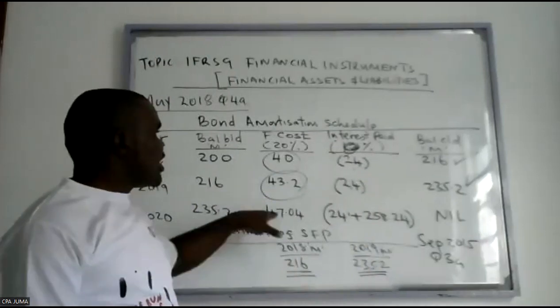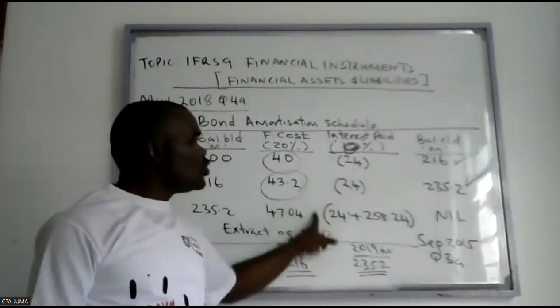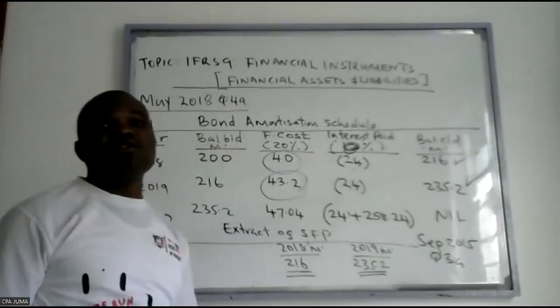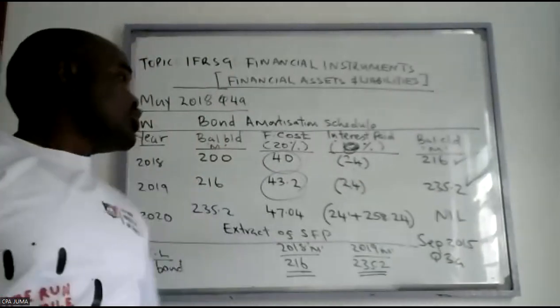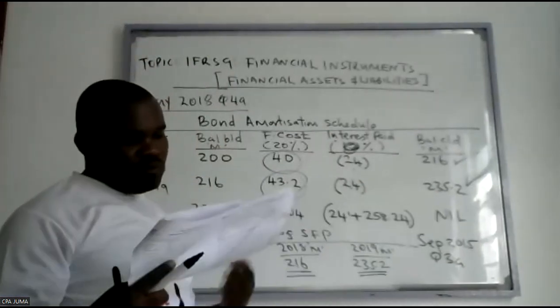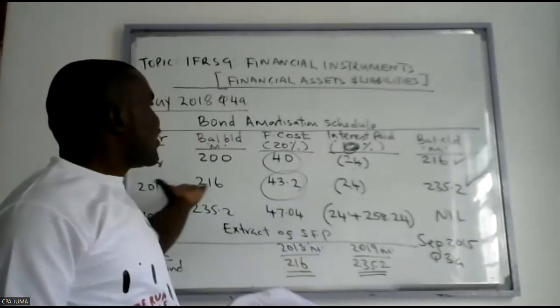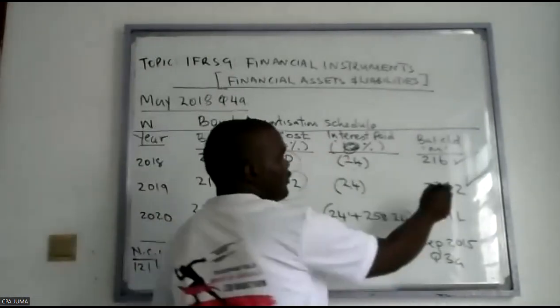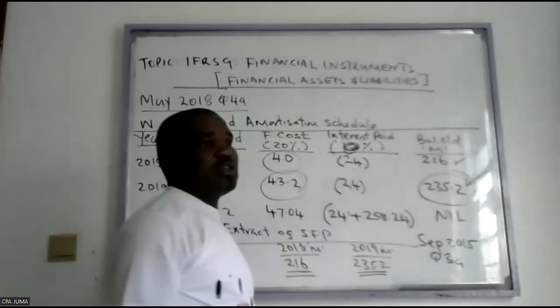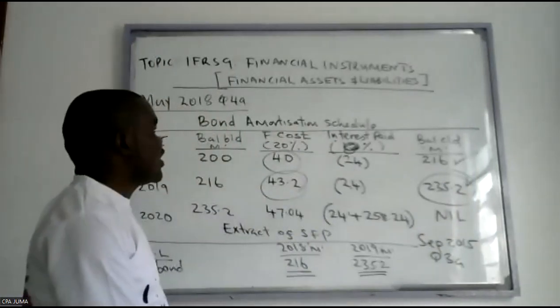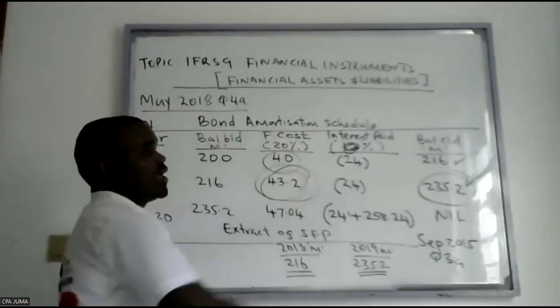So you will take this plus this, whatever you get here is what you redeem to get zero balance at the end. Then the valuation of the bond 2015, you will check where 2015 is, and pick that figure. Then the finance income for 2015, you will come from that figure there.